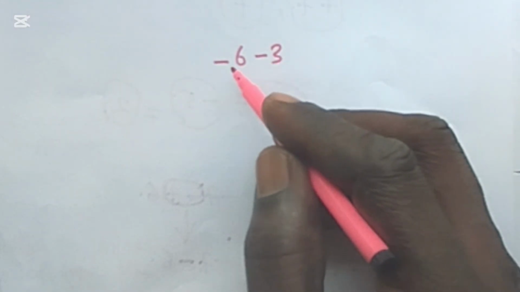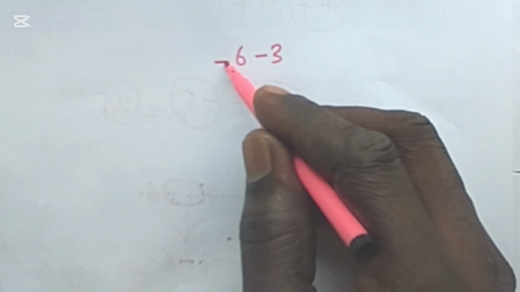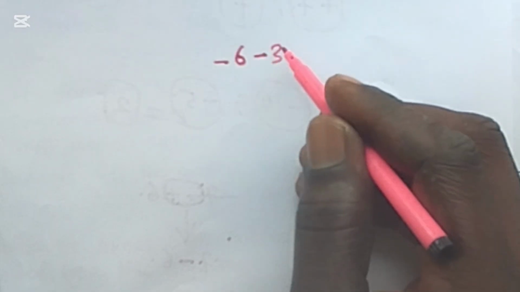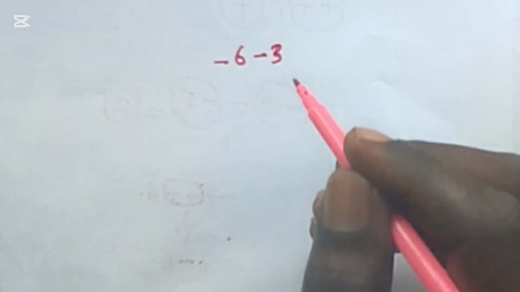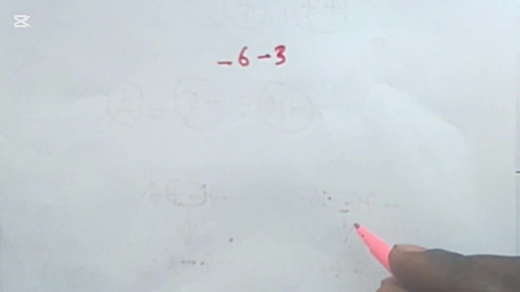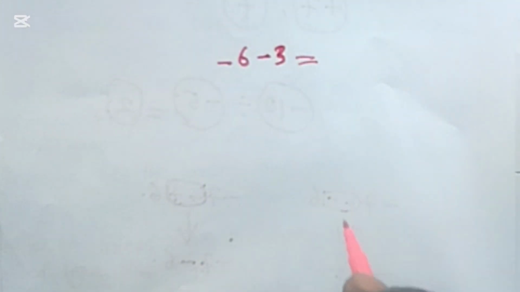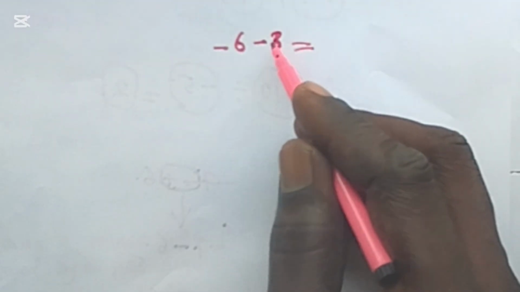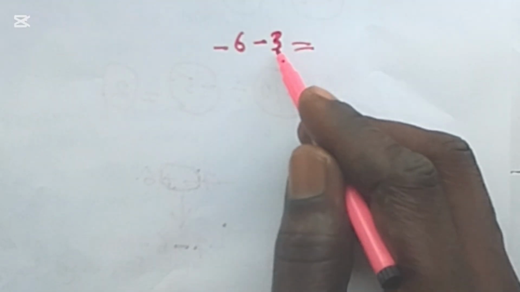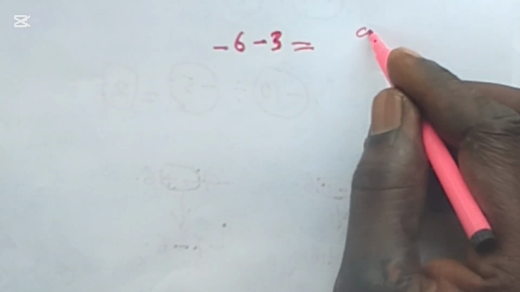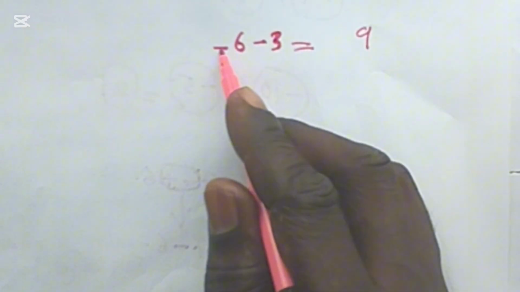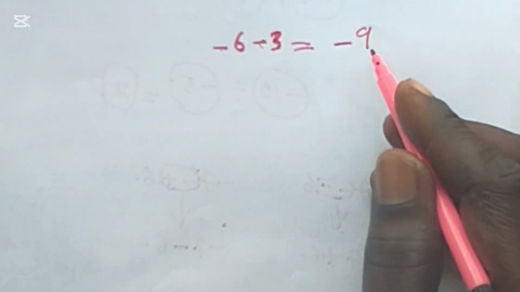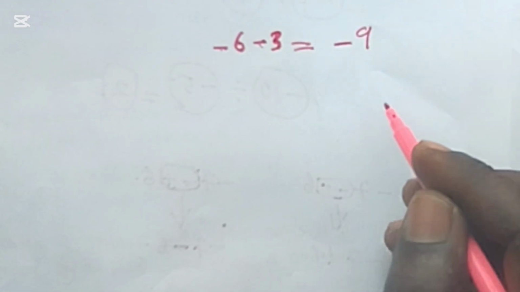The rule says that when you have a minus sign followed by a number, then another minus sign followed by another number, for you to get the final answer, ignore the two minus signs at first, just add the figures. In this case, it will be 6 plus 3 is equal to 9. But you don't stop there. Because of this unique situation, you introduce a minus sign in front of your answer.